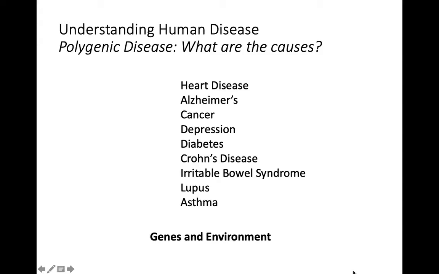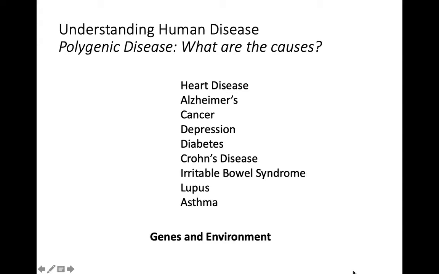Obviously there are some cases where the genetic basis of the disease is not complex, like cystic fibrosis and Huntington's disease, but most diseases that we have to face in our lifetimes are caused by many, many different genes. These are called polygenic diseases, and they're complicated, and we want to understand what their causes are.